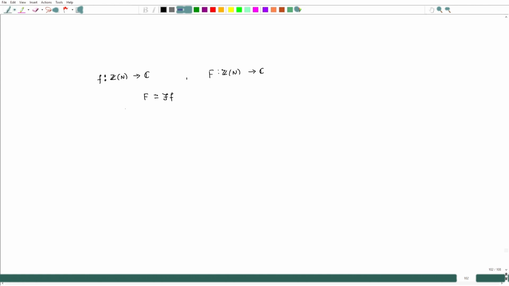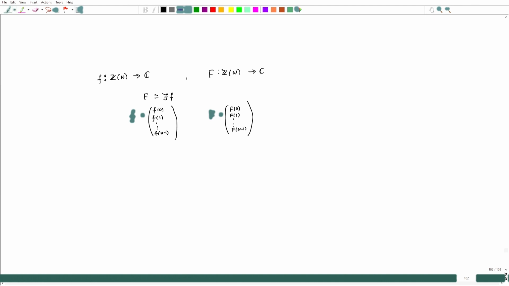Now, let us look at my f. This is equal to the column vector f of 0, f of 1, up to f of n minus 1, and capital F is going to be equal to F of 0, F of 1, up to F of n minus 1.